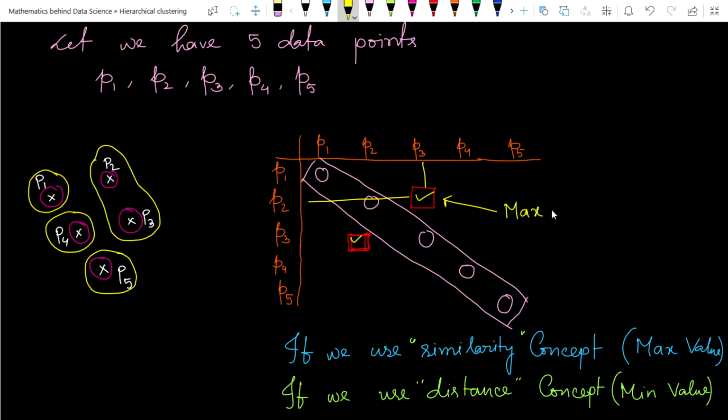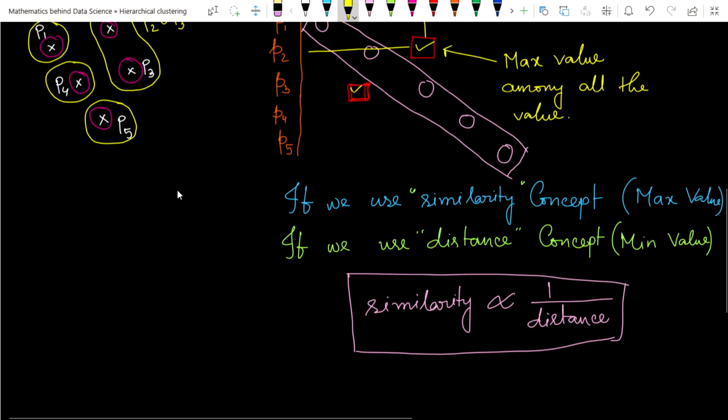This is the max value among all the values. We rename this cluster as P2 union P3.